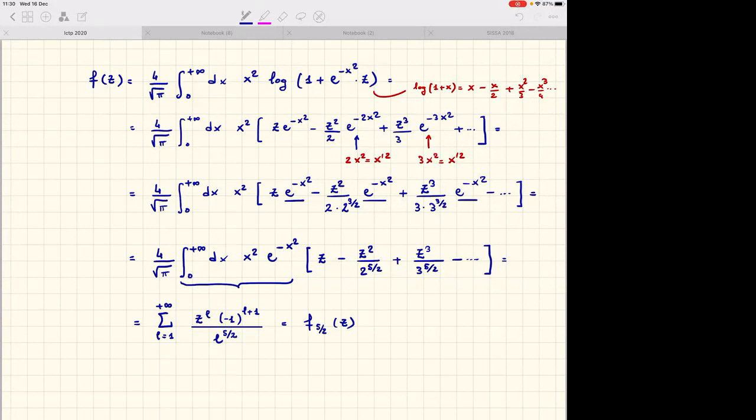Well, because I'm changing variable, right? I'm setting 2x equal to x prime. Now you see that I have here x cubed. So what this means is that x prime is equal to the square root of 2 times x.